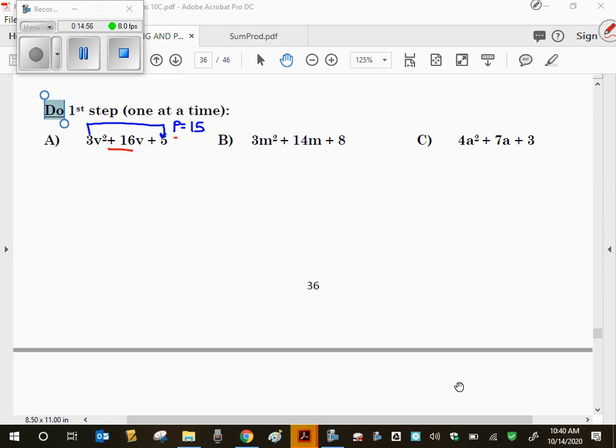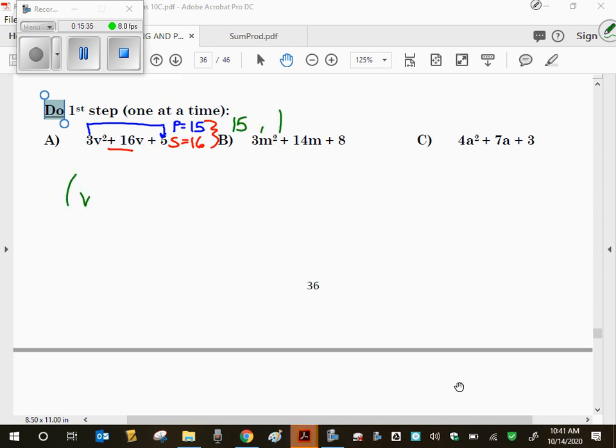Okay, next step is to find the two numbers that multiply to 15 and add to 60. The two numbers are 15 and 1.